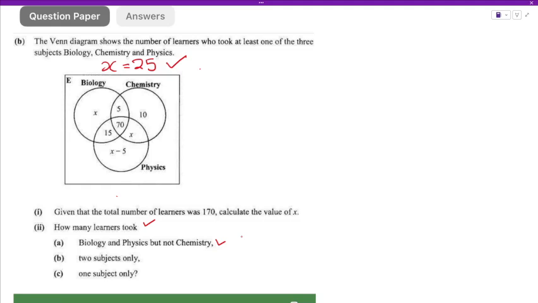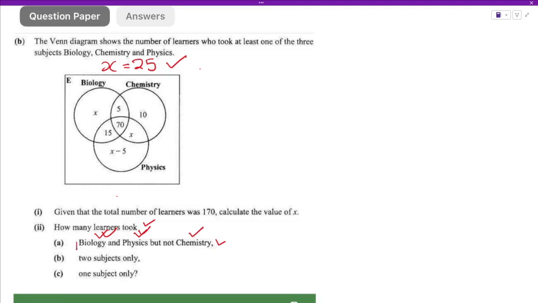They are saying, find the number of learners who took biology and physics. These learners should take how many subjects? 2. Biology and physics, not 1 subject, but 2. And these should not be the ones also taking what? Chemistry.